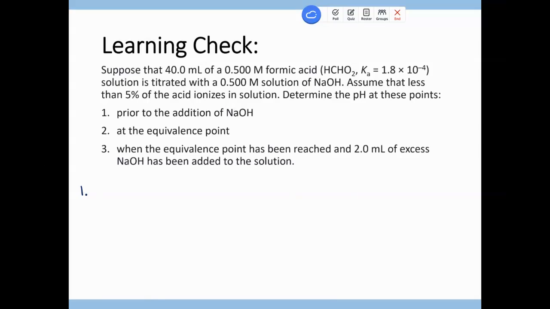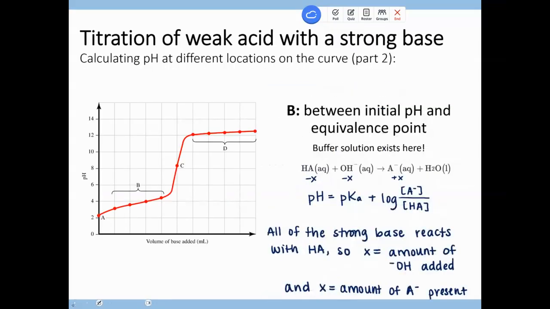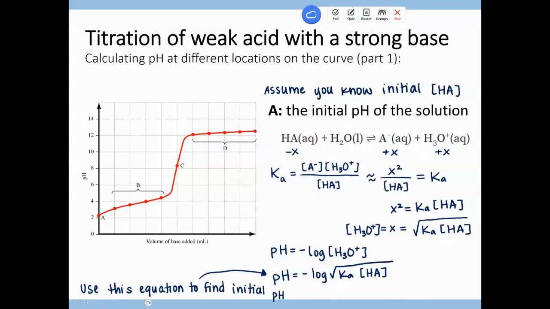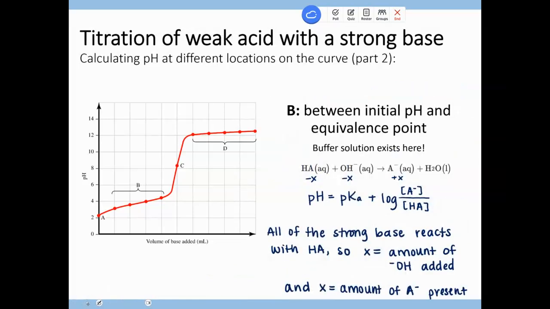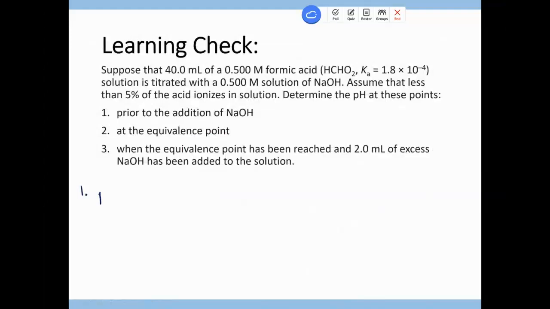Okay, let's go through this. So prior to adding any NaOH, that is where we talked about point A, the initial pH of the solution. We can just use this equation here. Negative log square root Ka times initial concentration.